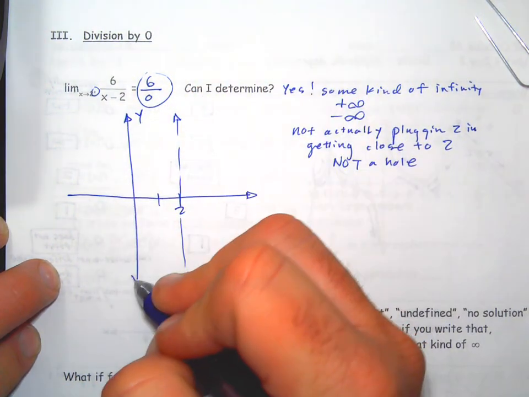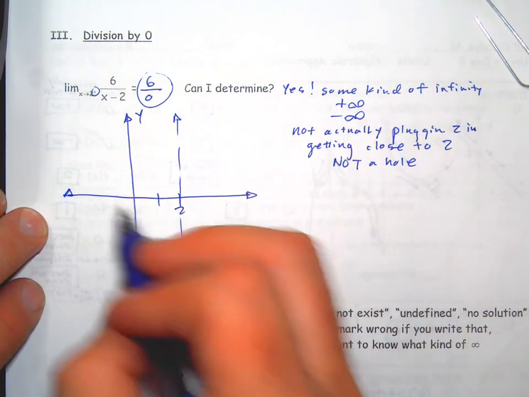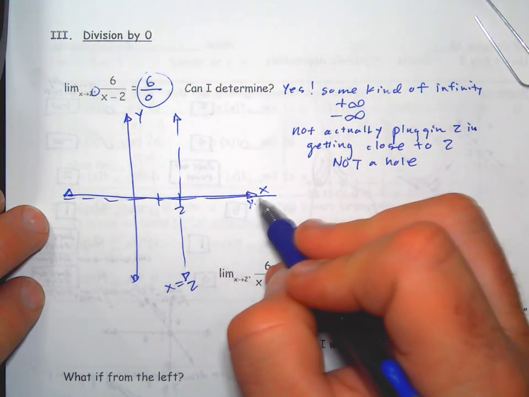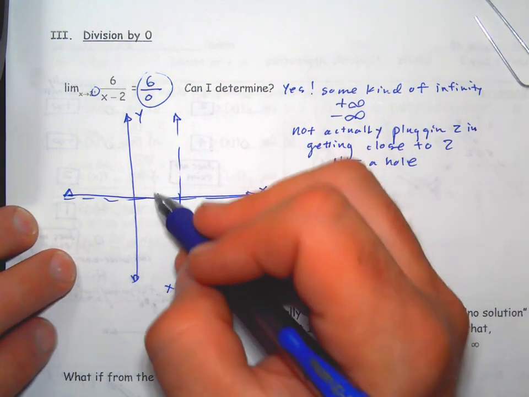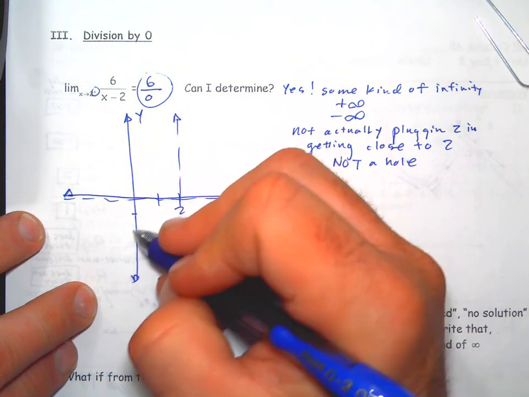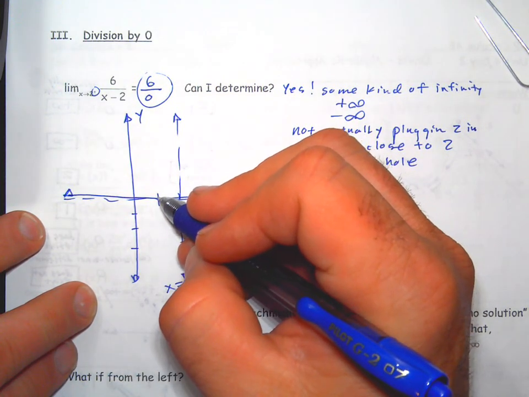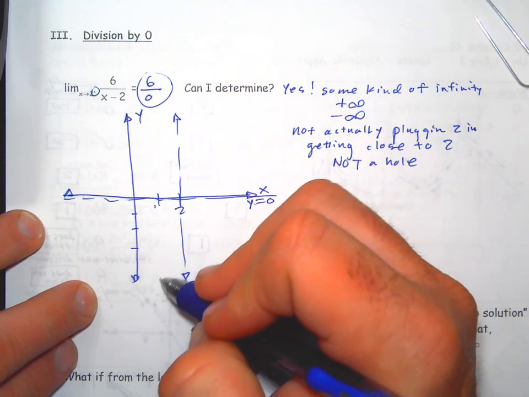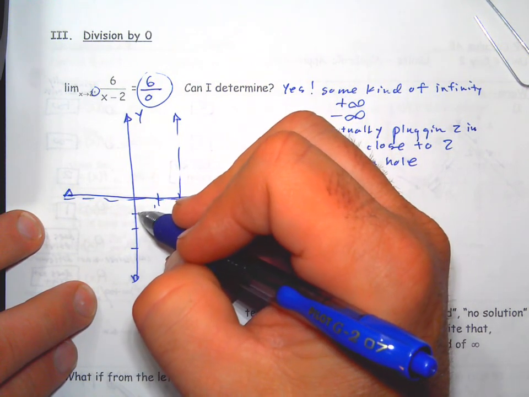And then as x gets really big, this goes to 0. So there's a horizontal asymptote, y equals 0. When x is like 1, this is going to be negative. We could just plug in some values. If you do x equals 1, you get -6, which is way down here. If you plug in x equals 0, you get -3.